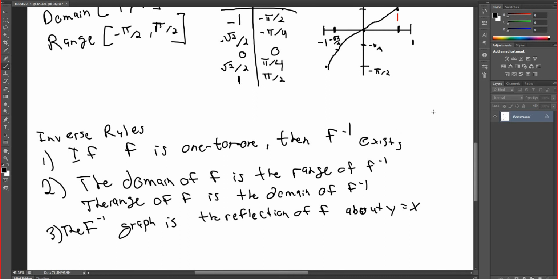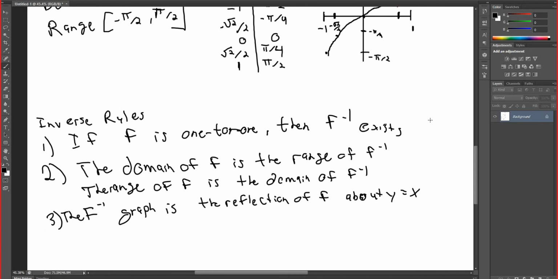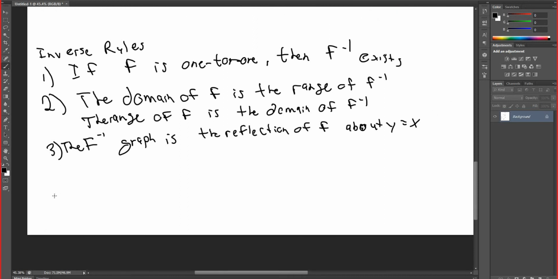And then the last one that we're going to be using a little bit later, which is really important. This is actually part of our identities for this section, is that f inverse of f of x is just equal to x if x is in the domain of f.